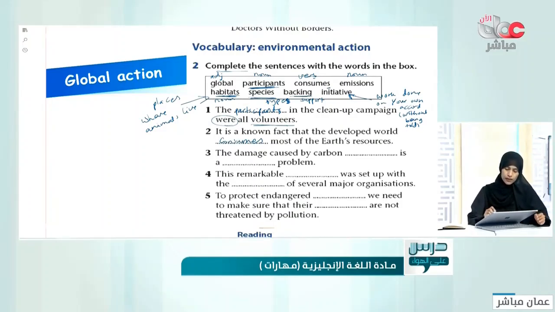Number 3 says the damage caused by carbon blank is a blank problem. We are familiar with the fact that the gas that's really causing global warming is mostly the gas that's emitted from factories, which is the carbon dioxide, and the answer is going to be carbon emissions.